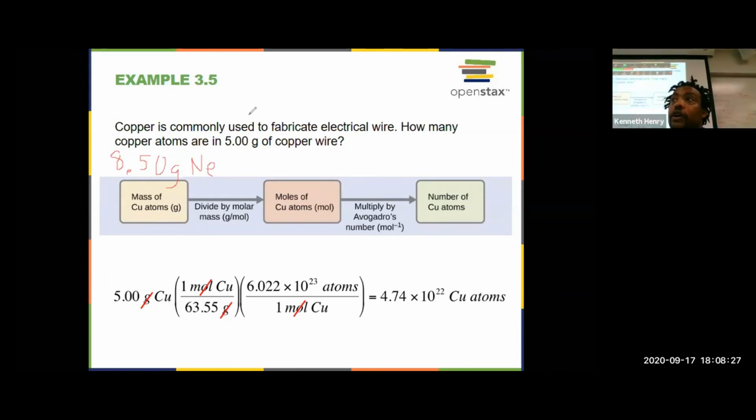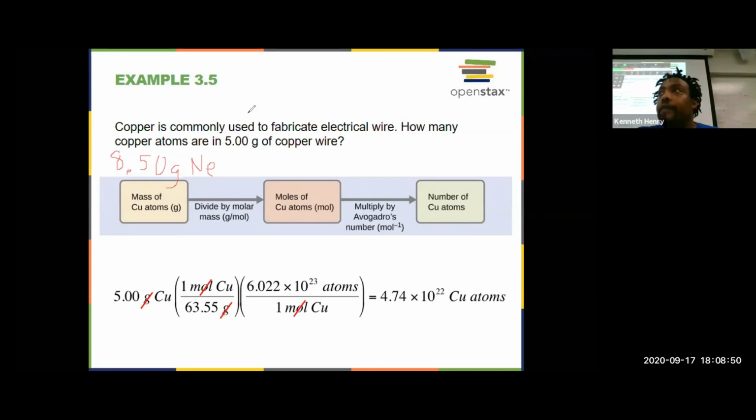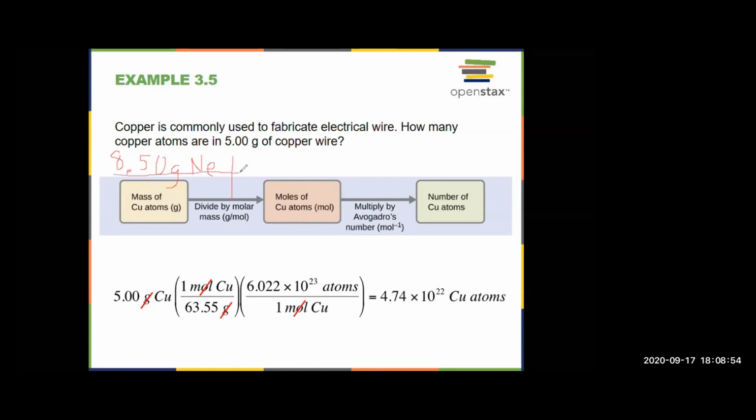Okay, so we have 8.50 grams of neon. What are we going to do? And we want the number of neon atoms in that 8.50 grams of neon. We first convert the grams of neon to moles. Okay, so how much does neon weigh? 20 grams.